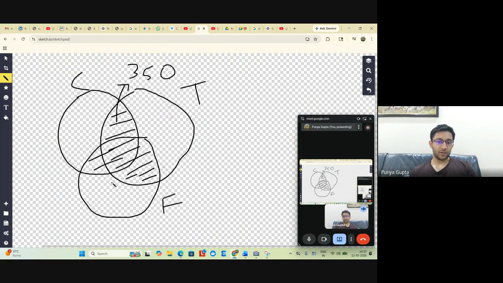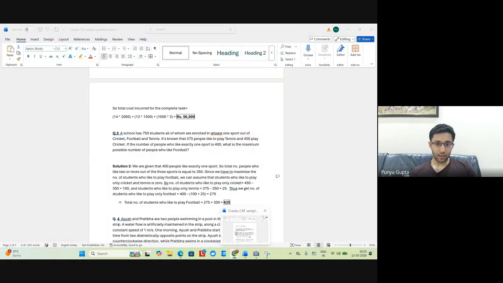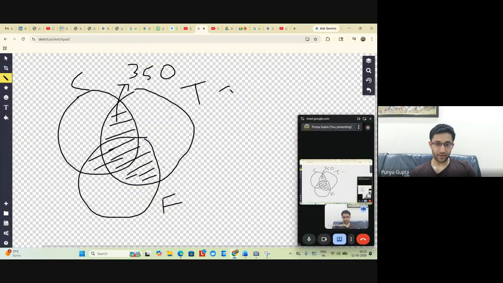And we are being asked to maximize the number of people who like to play football. So we can easily see that the number of people who like to play cricket is 450 and who like to play tennis is 375.